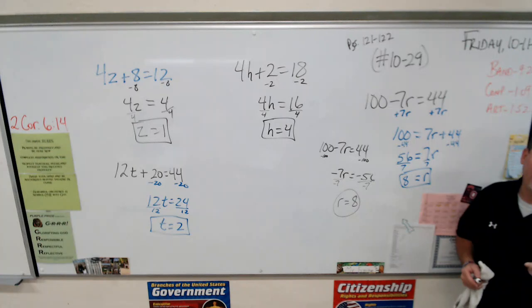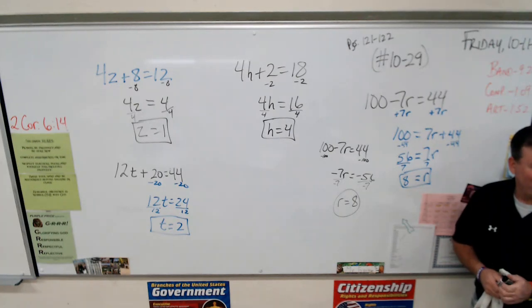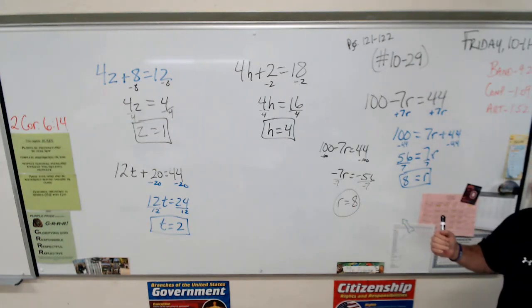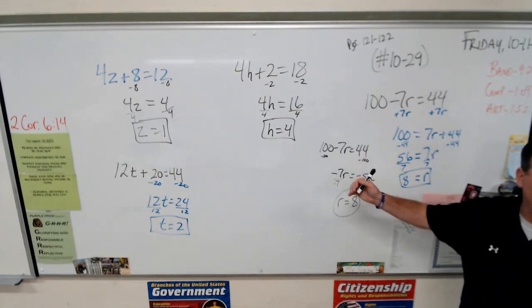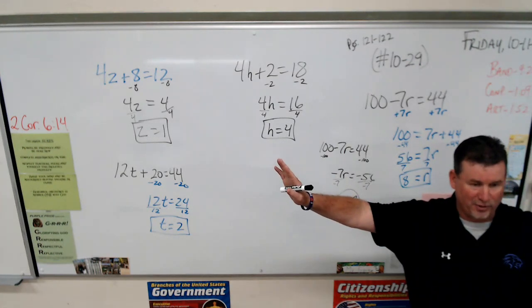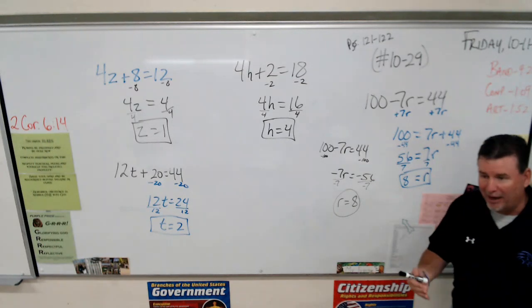There's actually another way to do it. For those of you that are eager to know the other way, you know what you could do at the beginning of any equation that has that negative r? You could multiply everything in the equation by negative 1. Think about it.